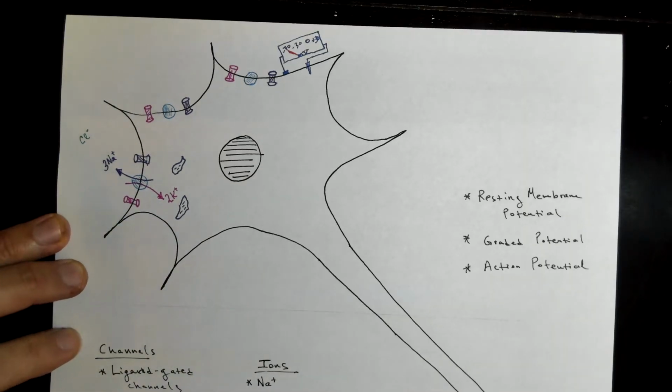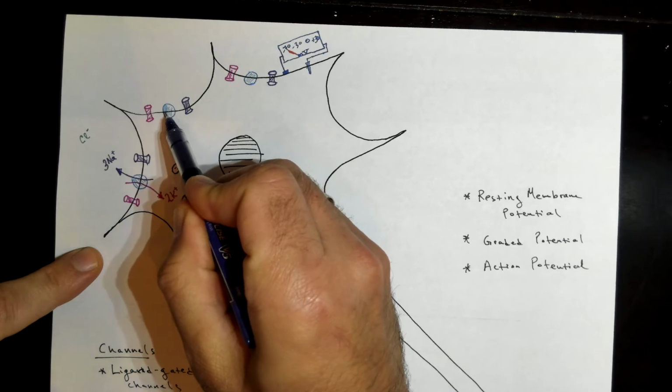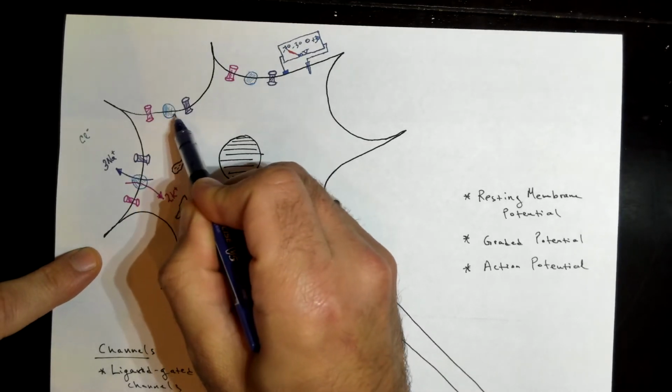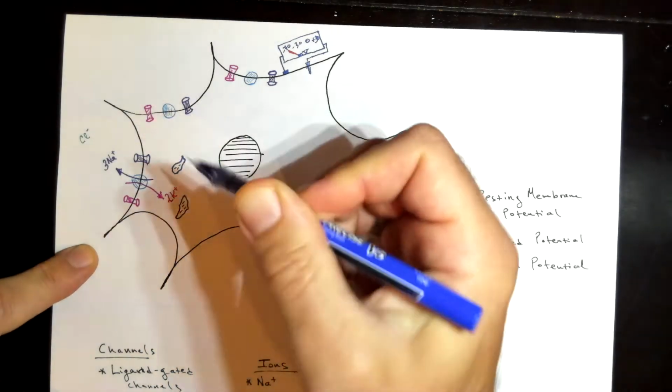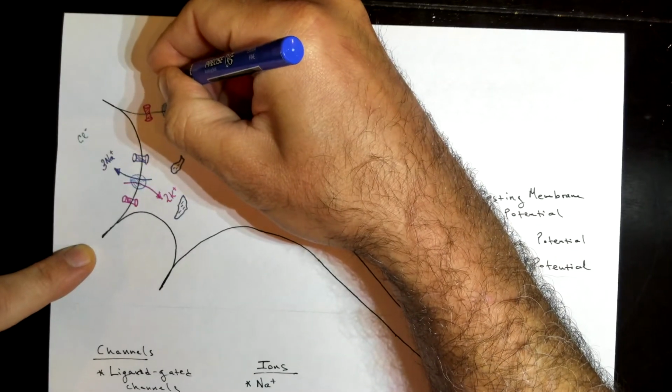The first thing to remember about the transport of ions from one side of the membrane to the other is the sodium-potassium pump and remembering how it works. So the sodium-potassium pump, which in this image is depicted by this circular protein right here, embedded within the membrane of the neuron, takes 3 sodiums and pumps them out of the cell.